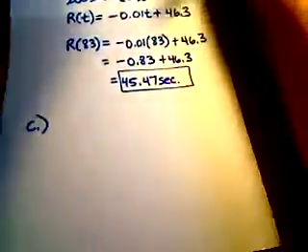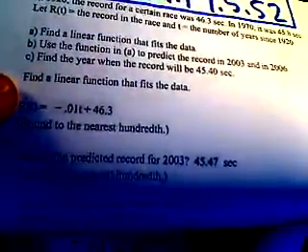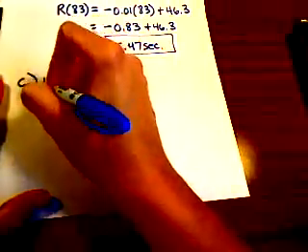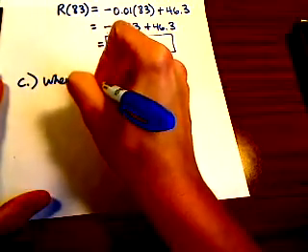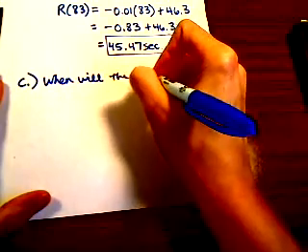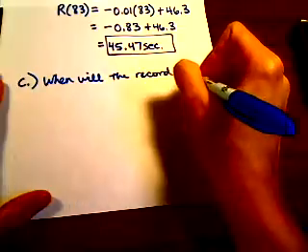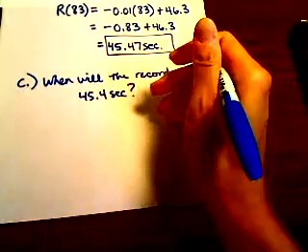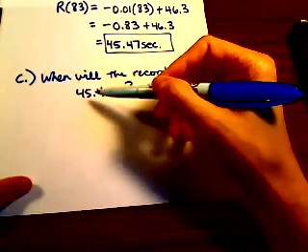In part C, they ask us, they want us to find the year when the record will be 45.40 seconds. Okay, so this time they're actually giving us, so when will the record be 45.4 seconds? This time they're actually giving us an r of t value.